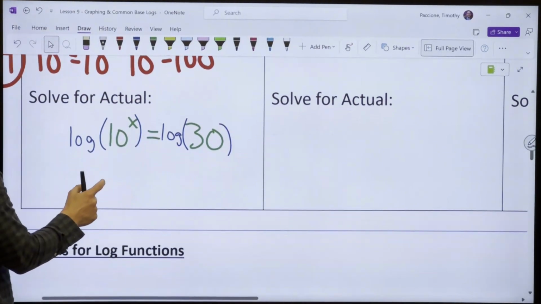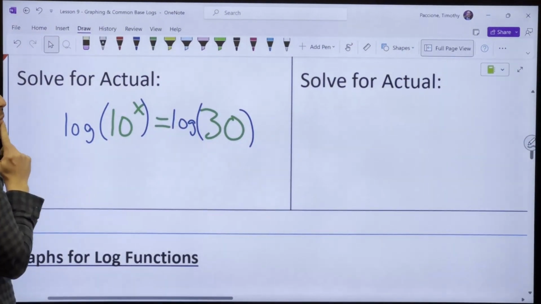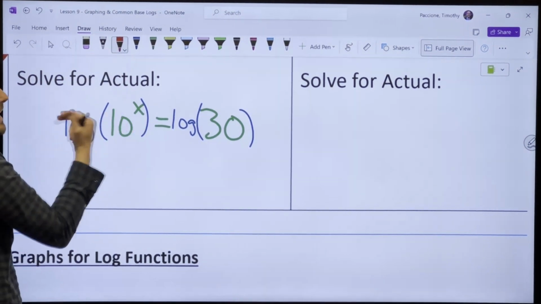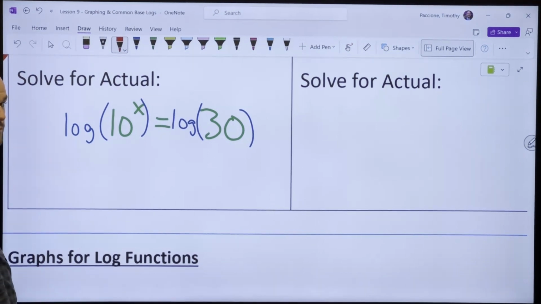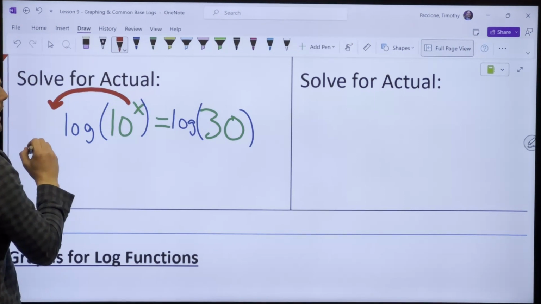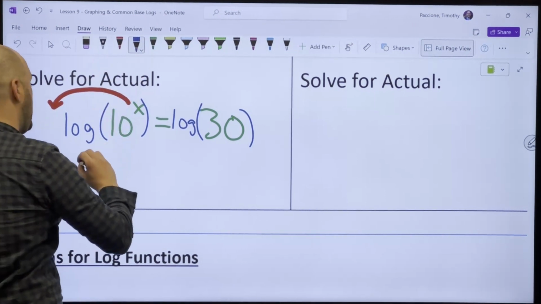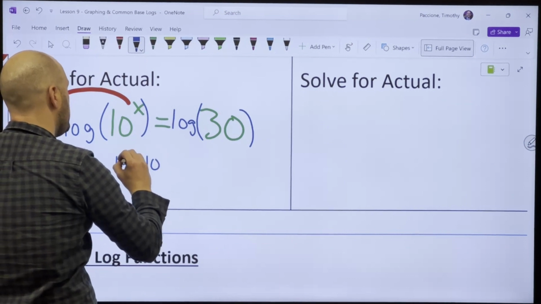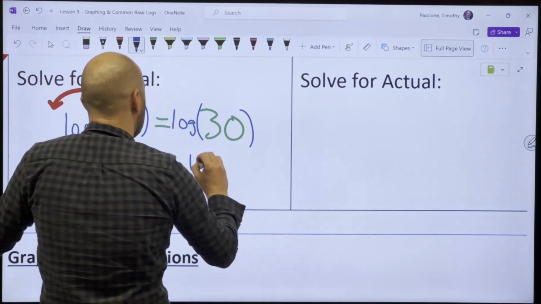Why did I do that? Well, there's a property that's going to happen here. Remember, the problem was the x is in the exponent. So I get it out of the exponent, out front, and I end up with x times log of 10 equals log of 30.